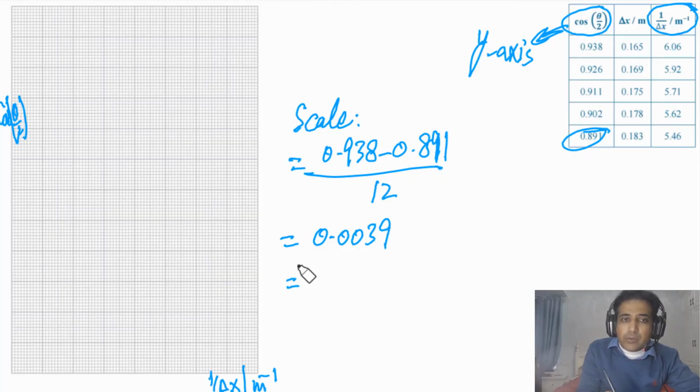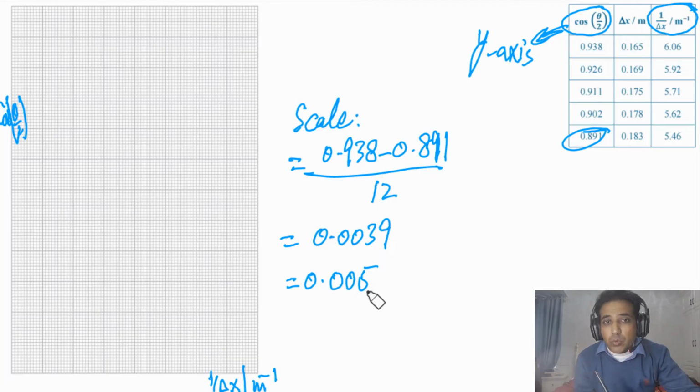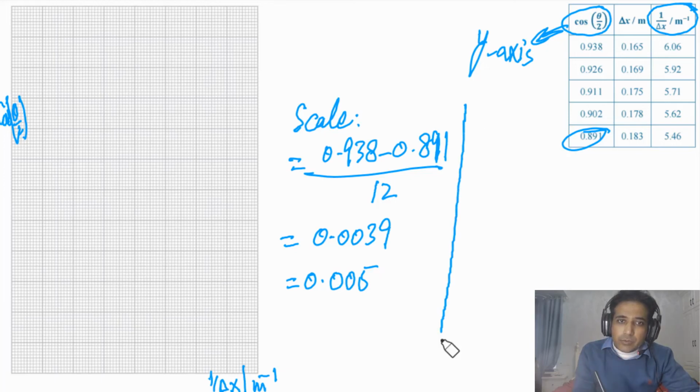We can round this off to 0.005. We can also round it off to 0.004, but 0.005 is better, so we round off to this to keep our calculations simpler.